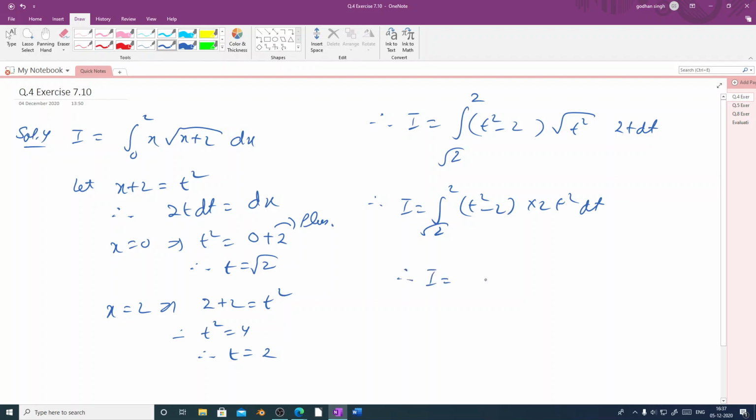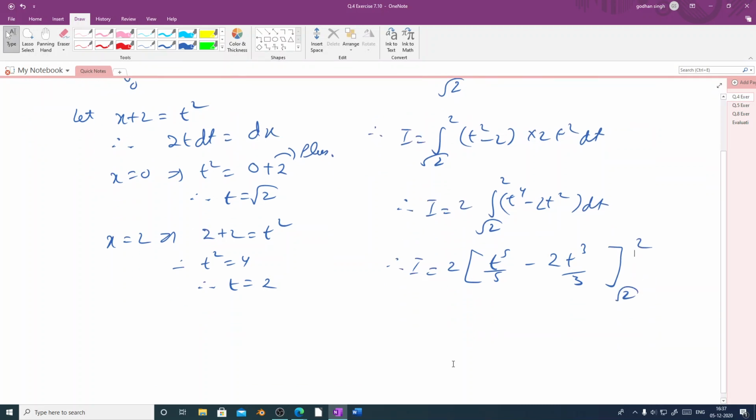So I equal to 2, which we can take out, and the integral from root 2 to 2 of t raised to 4 minus t square, because we have taken this t outside, minus 2t square, dt. So I equal to 2, when we integrate this we get t raised to 5 over 5 minus 2 t cube over 3, and the limits are from root 2 to 2.